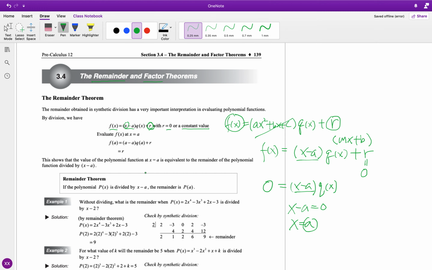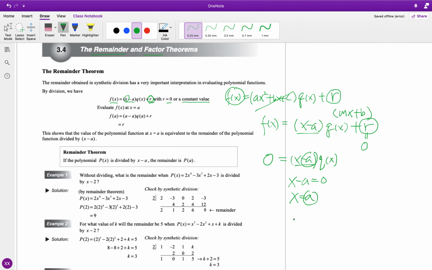So basically the remainder theorem says that we just need to take a look at what's going on with the remainder. As long as the remainder is 0, then we know that this a is our root. Another way to say it is, if f(x) is divided by x subtract a, and the remainder is 0, then a is our root.